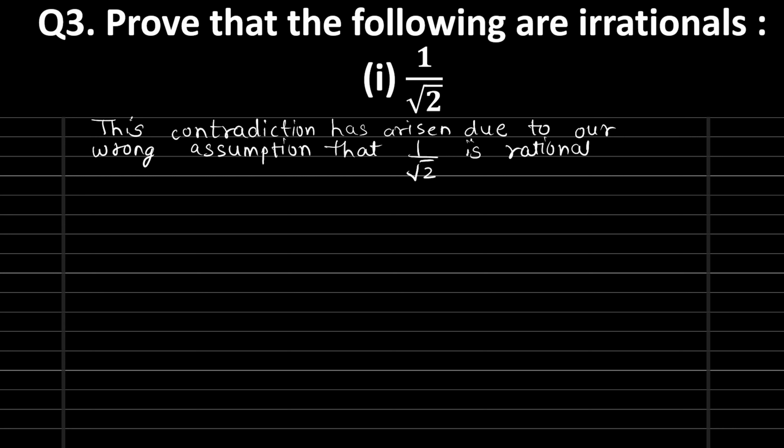So if this is a wrong assumption, then what should be the correct one? The correct statement should be, it implies 1 upon root 2 is irrational.